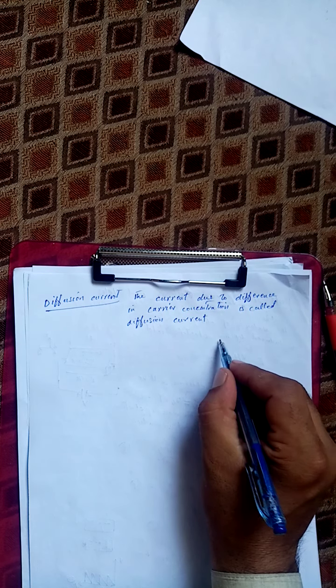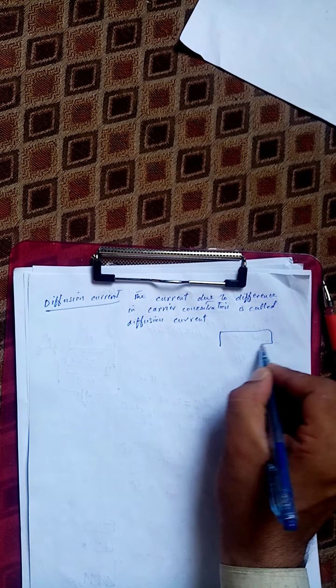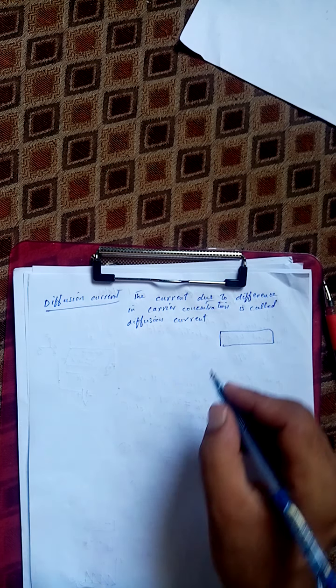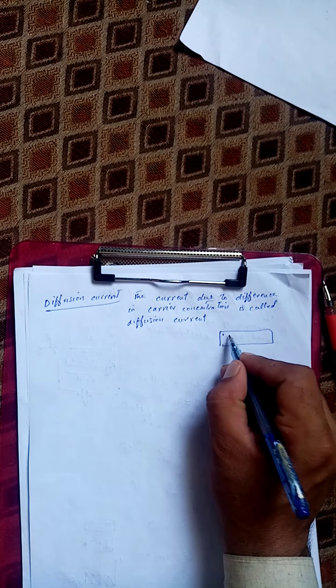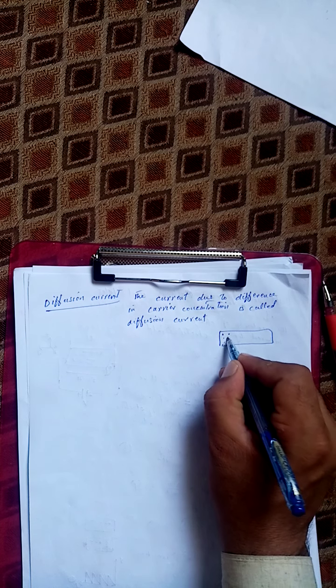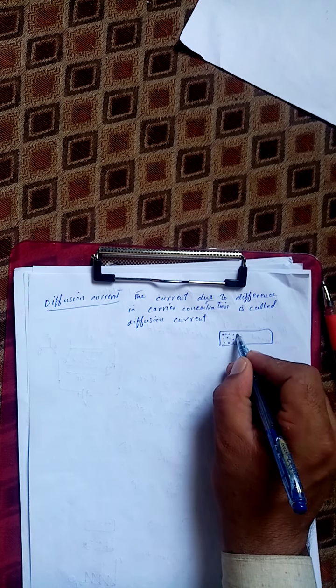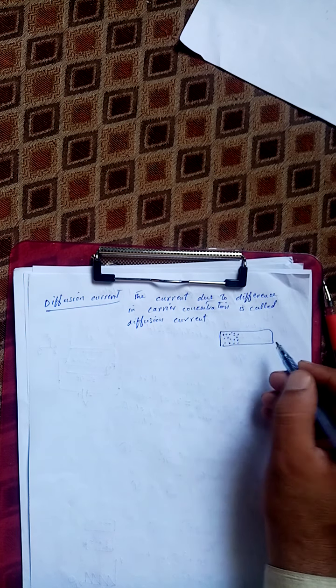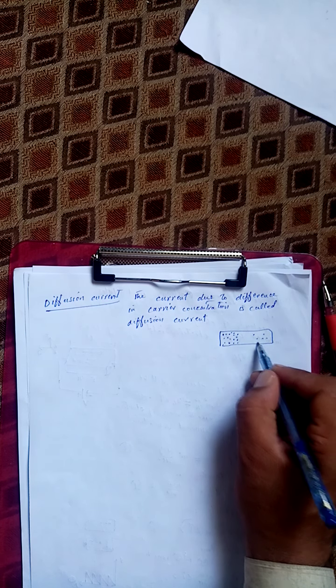Suppose we have a piece of semiconductor such that one end of the semiconductor is highly populated with electrons. We have many electrons on this end, and one end is less populated.